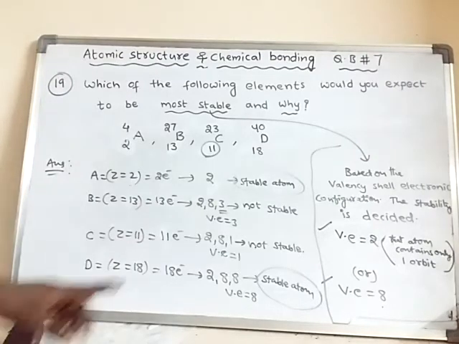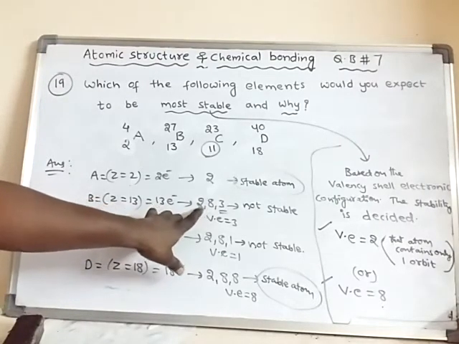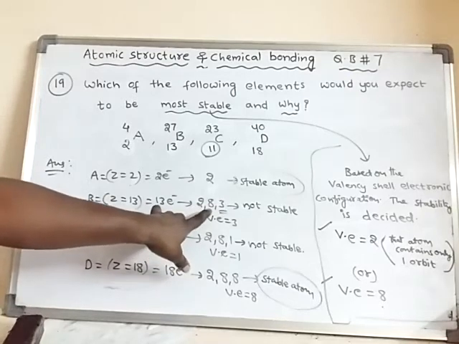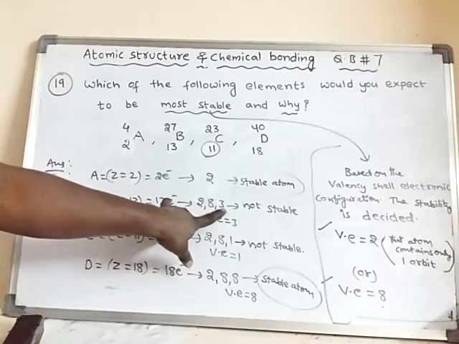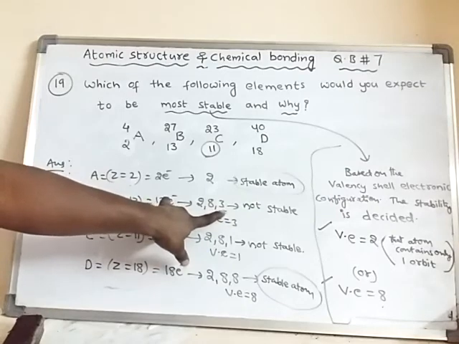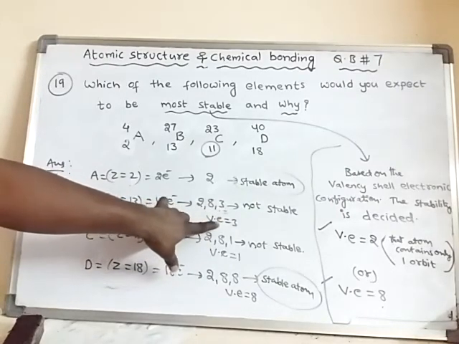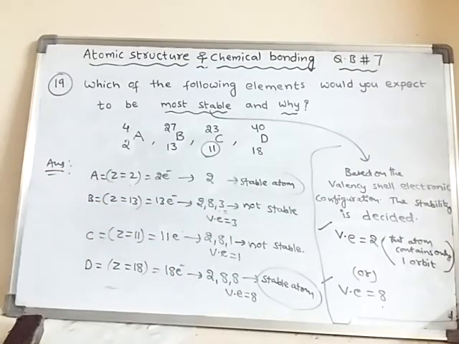After those 10 electrons, the remaining 3 electrons are arranged in the third orbit. Now the third orbit has become the last orbit, the valence shell, and there are only 3 valence electrons.